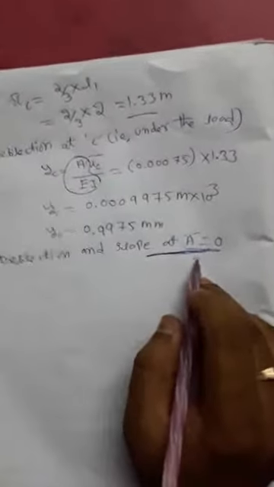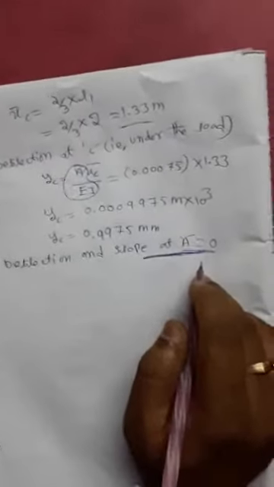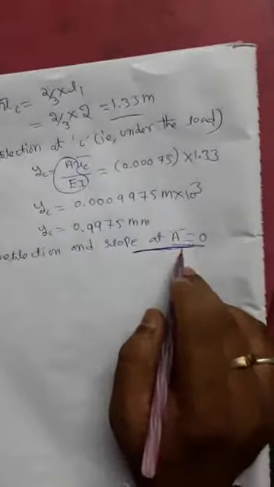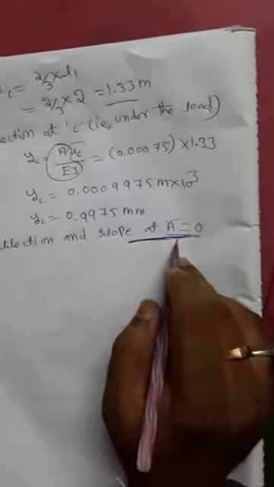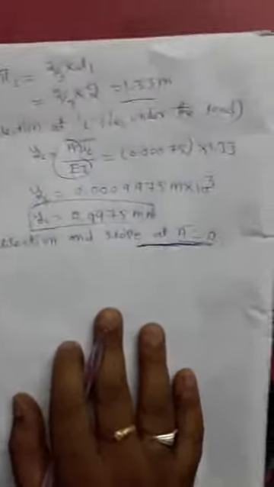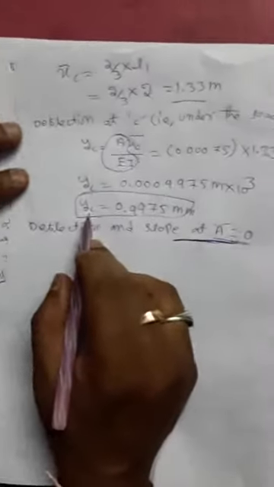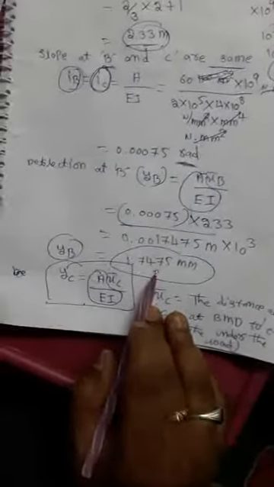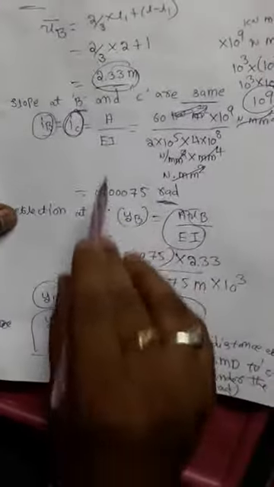So the end conditions tell us the deflection and slope for a cantilever beam at the fixed end are 0. In the question, he requires the slope and deflection at the free end and under the loads. So this is the answer for the free end and under the loads, and this is the answer for the fixed end. The slope at the fixed end and under the loads, this is the answer, 0.0075 radians.